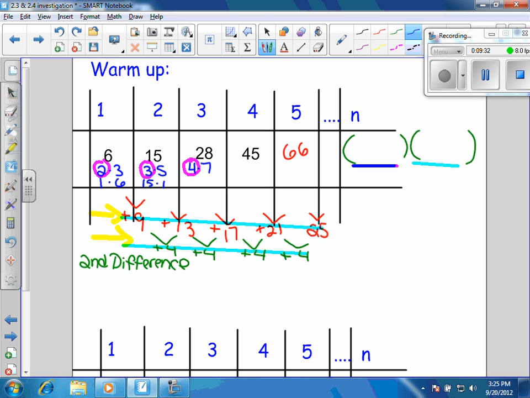Okay, so with that, if I went 2, 3, 4, I would hope that 5 would be here, right? And then odds. Okay, so now if I take a different color, 3, 5, 7, 9, right?